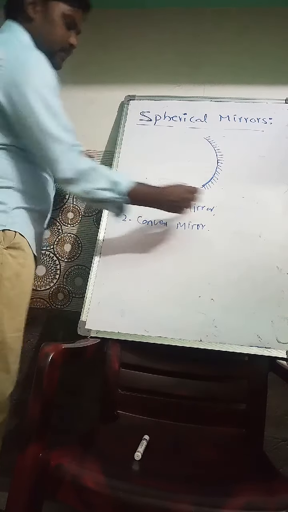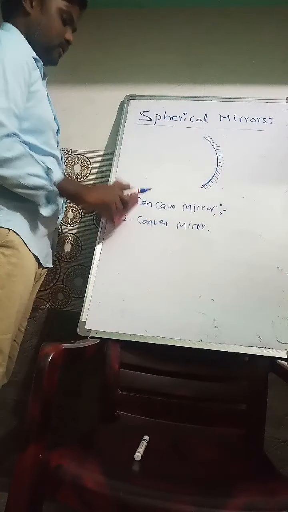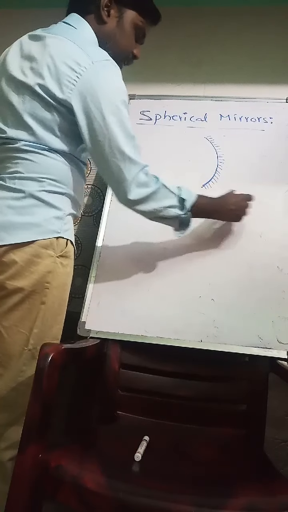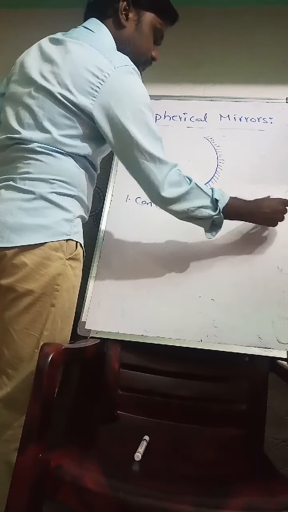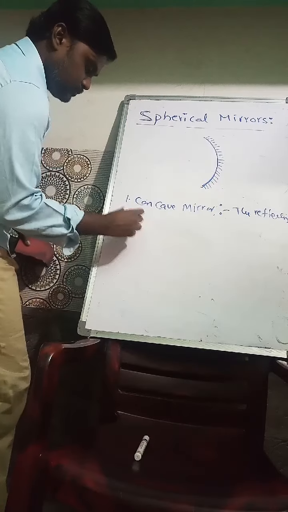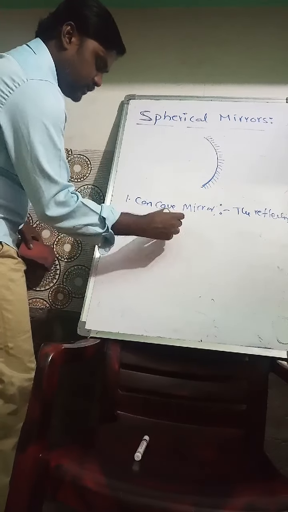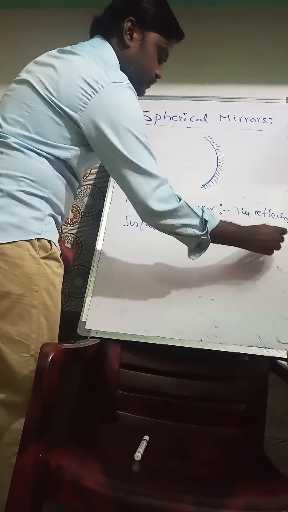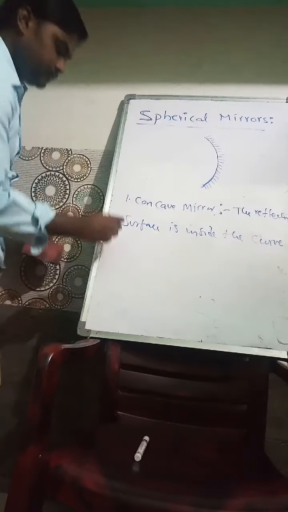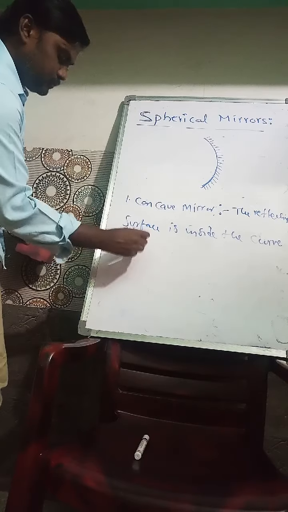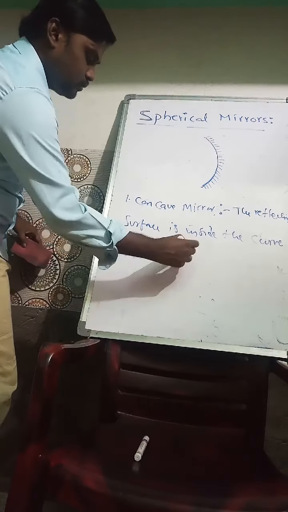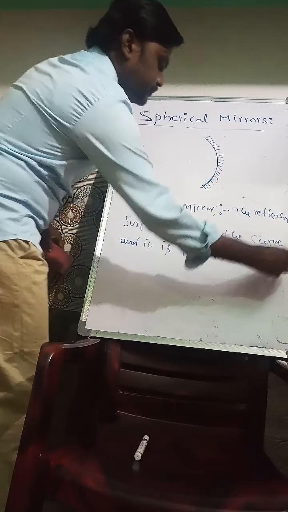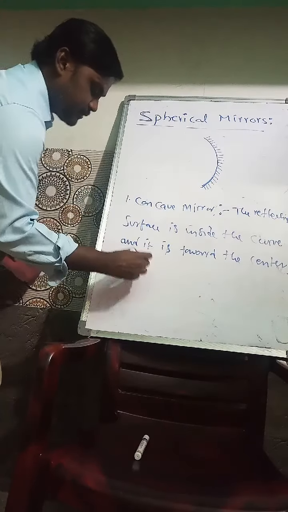How to define this concave mirror? The reflecting surface is inside the curve, and it is towards the center of curvature.